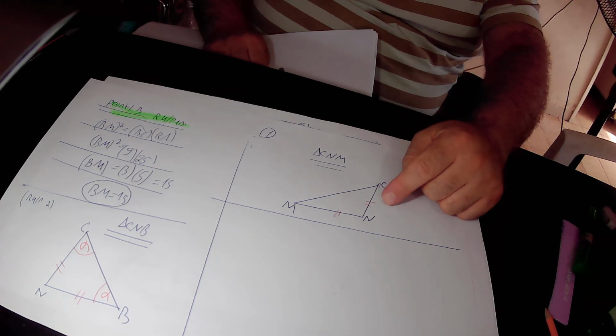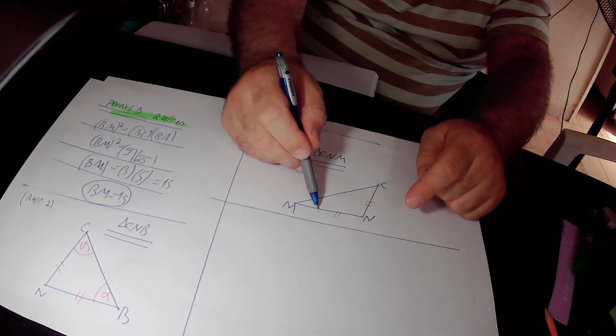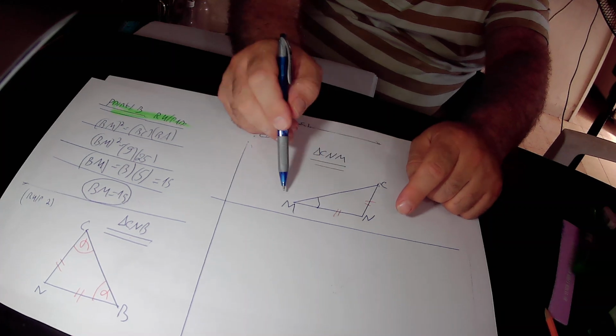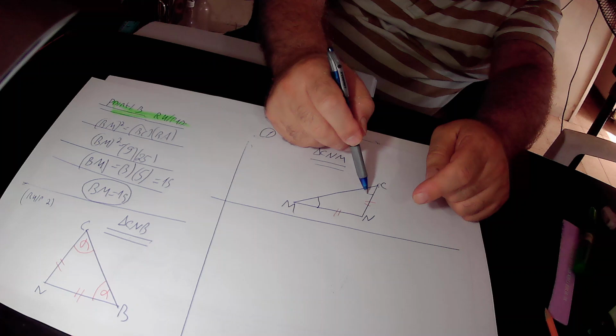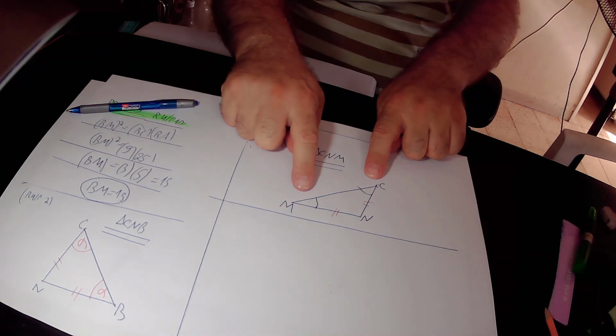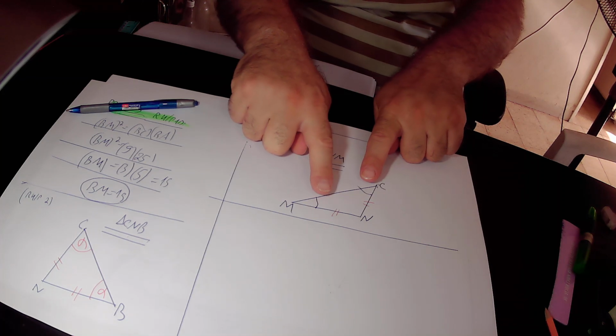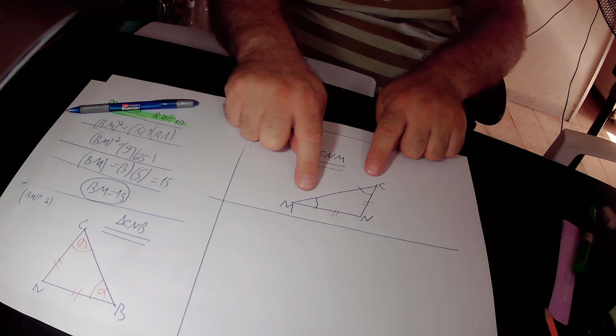In front of this side CN, we have this angle CMN, and in front of this side NM, we have this angle, that is actually angle NCM. And because those two angles are both located in front of those two equal sides, they must be equal to each other in their sizes.